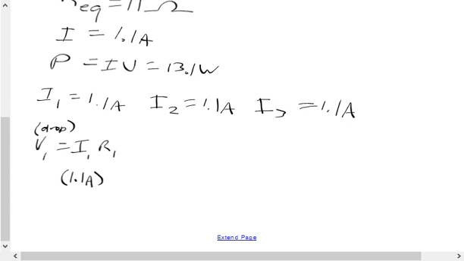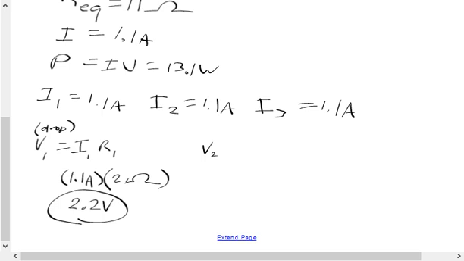So 1.1 amps times the 2 ohms of resistance. Let me go ahead and run that number. So we've got 1.1 times 2, that's 2.2, and that is going to be volts. That is going to be 2.2 volts of voltage dropped across resistor 1.